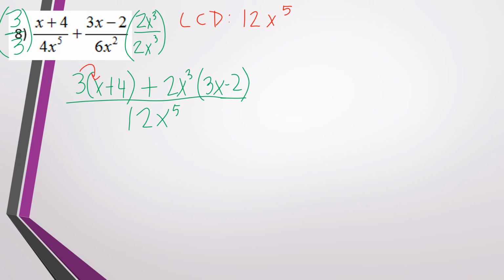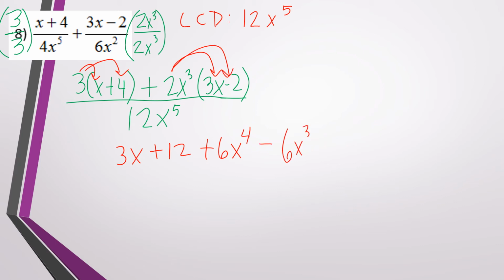So I need to do 3 times x, which is 3x, 3 times 4, which is 12, 2x to the 3rd times 3x, which is 6x to the 4th, and then 2x to the 3rd times negative 2, which is negative 6x to the 3rd. And that's all over 12x to the 5th. If you want, you could go from this step directly to this step if you choose to.